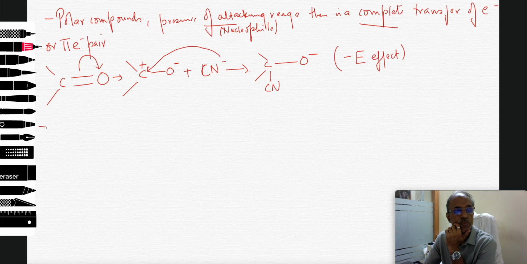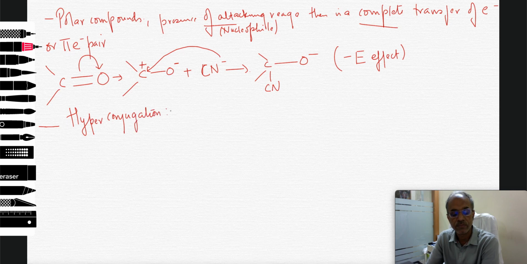As I told you, the first was the electromeric effect, and second will be hyperconjugation, the hyperconjugation effect. Now, what do you mean by hyperconjugation?